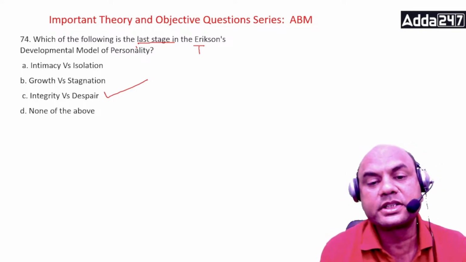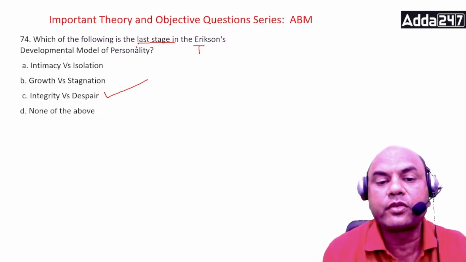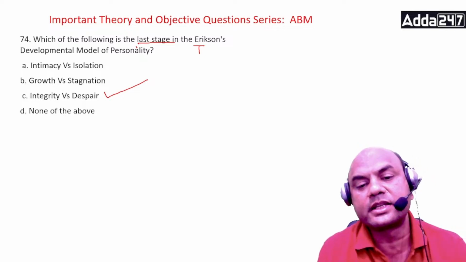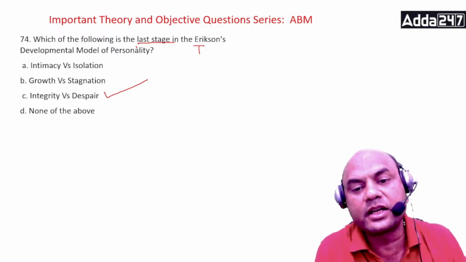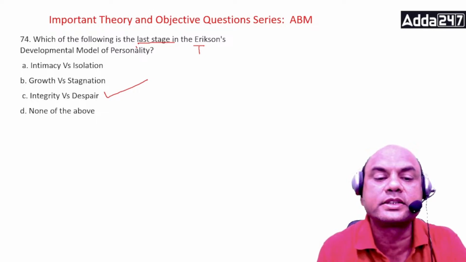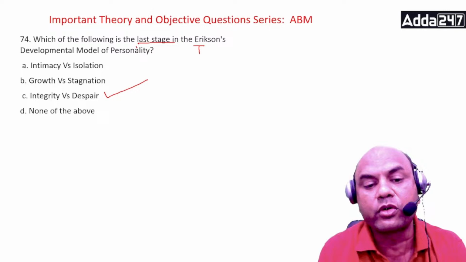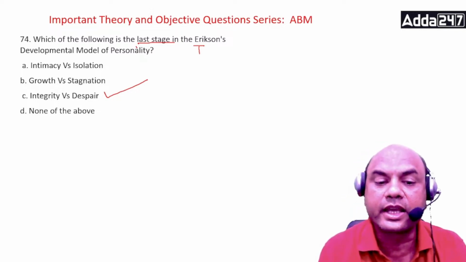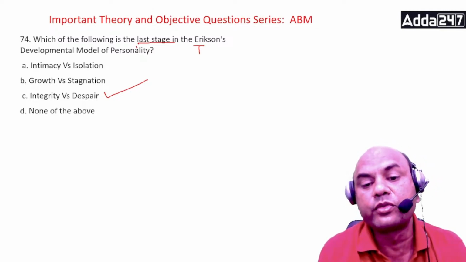Integrity versus despair. From the mid 60s to the end of life, we are in the period of development known as late adulthood. Erikson's task at this stage is called integrity versus despair. He said that people in late adulthood reflect on their lives and feel either a sense of satisfaction or a sense of failure. People who feel proud of their accomplishments feel a sense of integrity, and they can look back at their lives with few regrets.